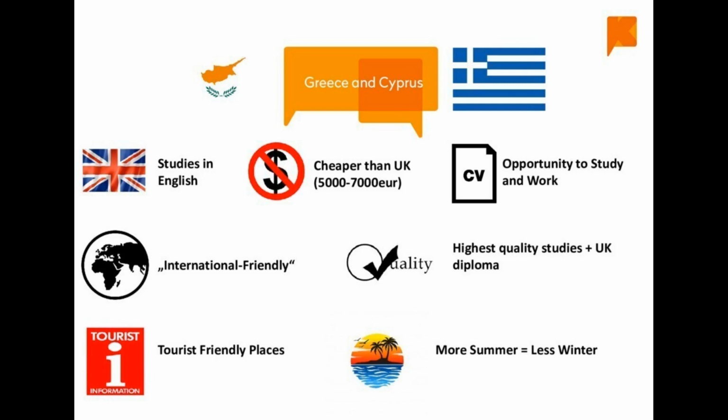For a number of years, Greece and Cyprus used to be one of the biggest countries to travel to the United Kingdom for our studies. So these countries have a particular ethos toward study quality, and because of that, you can be sure that Greeks, Cypriots, as well as all the rest of the students coming to Greece and Cyprus universities will find British quality studies, and after finishing the university, they will be getting the UK university diploma.